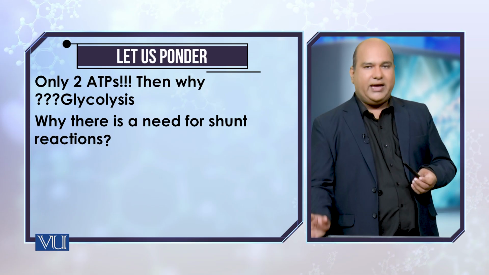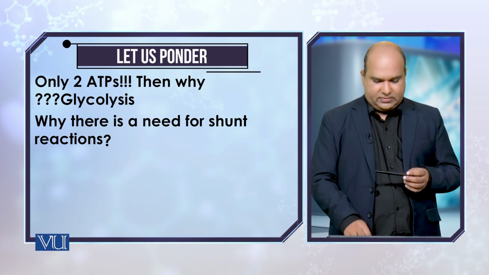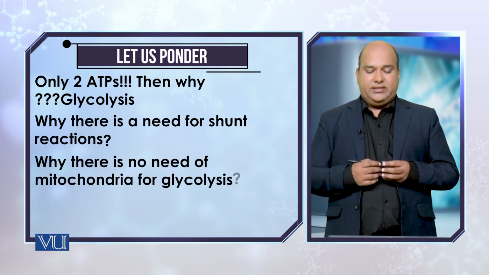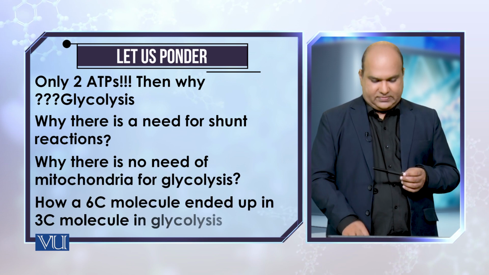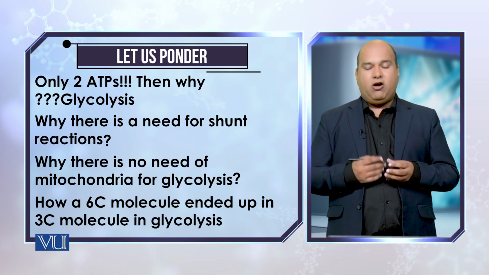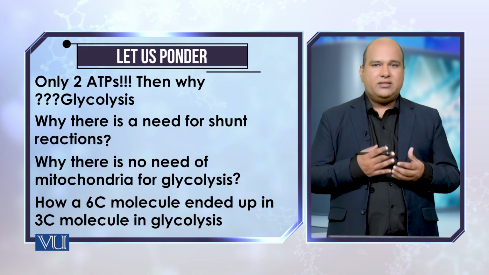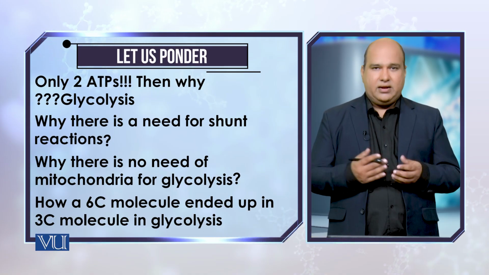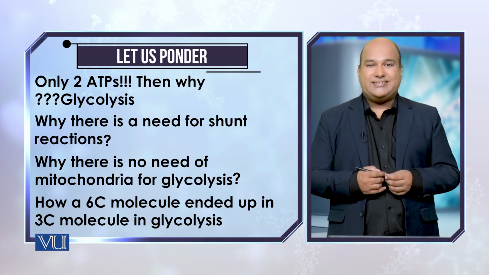Why is there no need of mitochondria in glycolysis? How does a 6-carbon glucose molecule end up as a 3-carbon molecule like pyruvate? What is its significance?